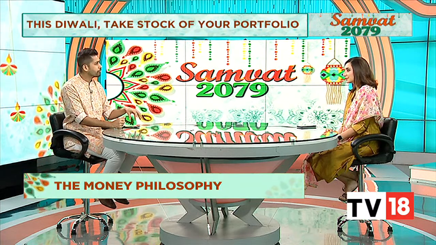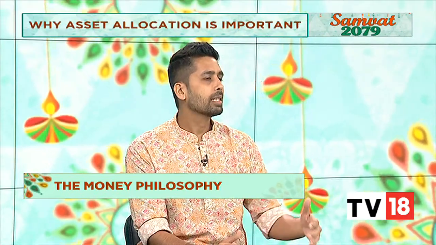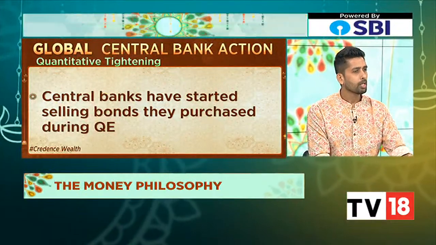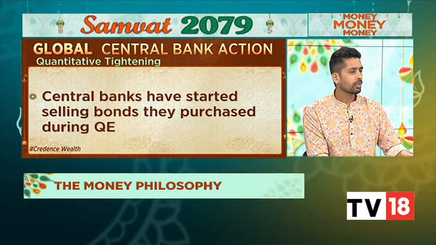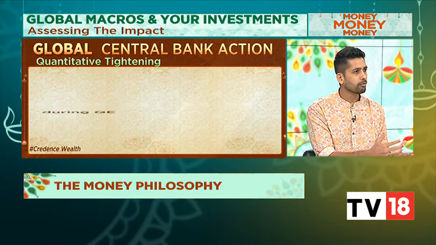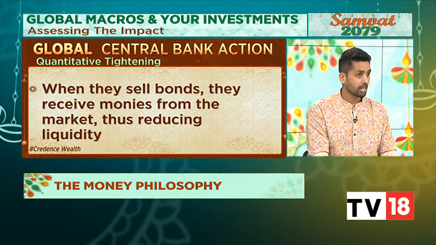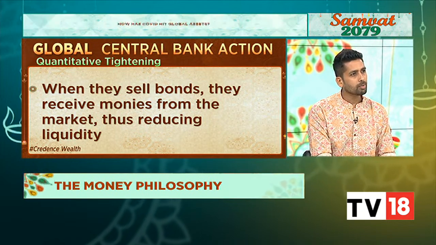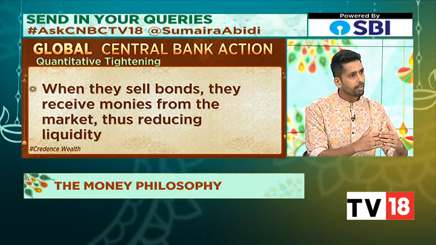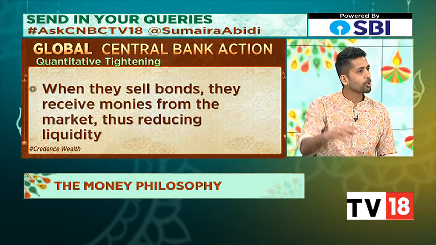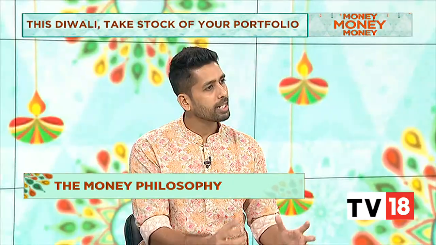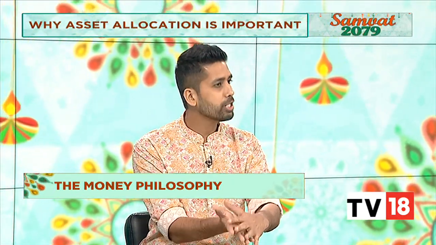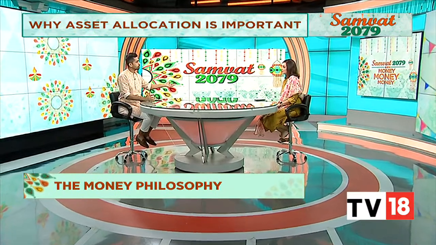But now, specifically in the Indian context, Sumaira, I think we are very close to interest rates largely topping out, right? So we probably might have another 35 bips and then a 25 bip kind of rate hike that is expected, largely if things stay where they are. So while we are talking about fixed income, I think we are at a stage where interest rates are topping out in the Indian context, and now fixed income will behave slightly differently from the way it did in 2021.